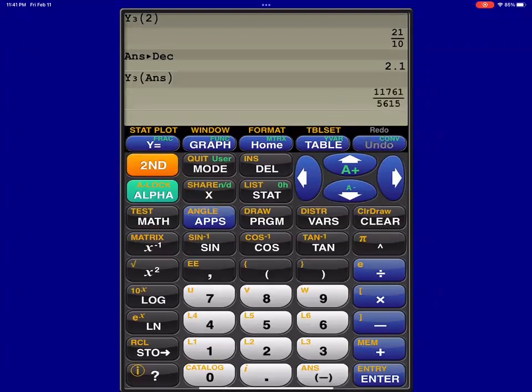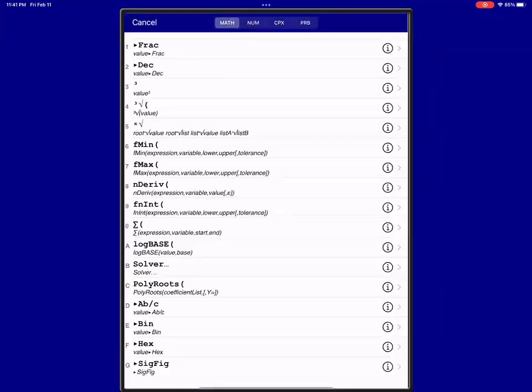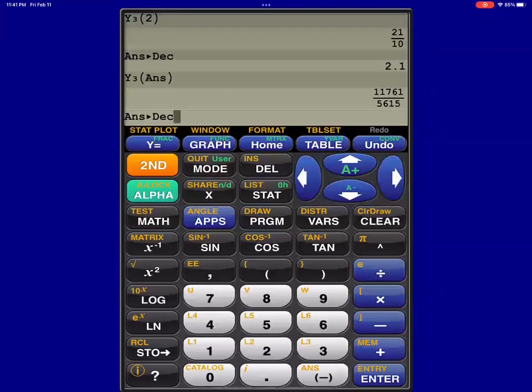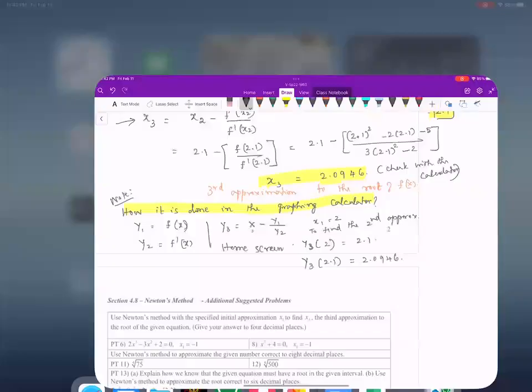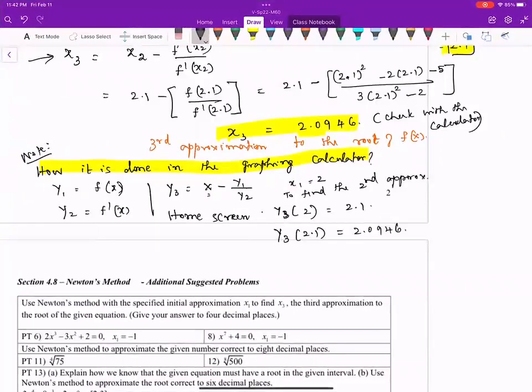That is going to give us the next approximation in fraction. We will convert that to decimal. So this will be 2.0945, etc. Now we are asked to approximate it to 4 decimal places, which you are going to do as 2.0946. That's exactly the answer that we got in our hand method.